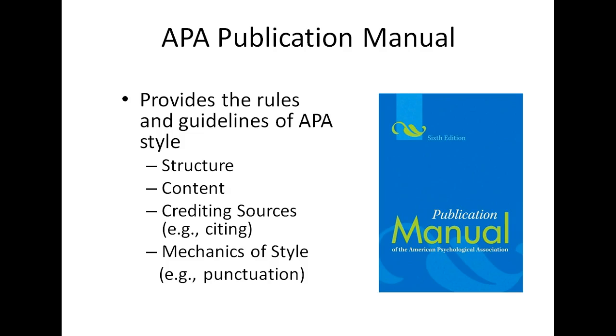The style guidelines come from this publication manual, and it outlines the structure, content, how we cite things, and the mechanics that need to be used in any particular article that's being presented. You'll reference this and take a look at this again. You will have in your communications classes, but we'll also be taking a look at it in the plagiarism tutorial that you have to start working your way through this week.